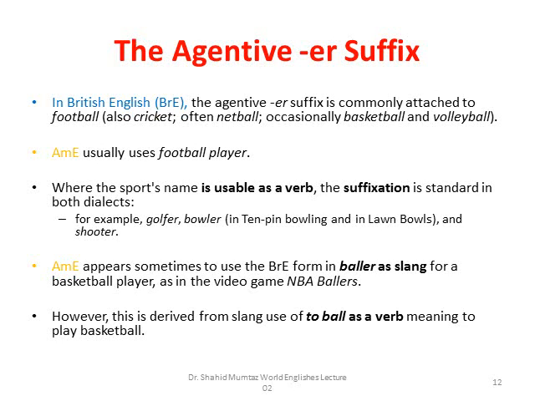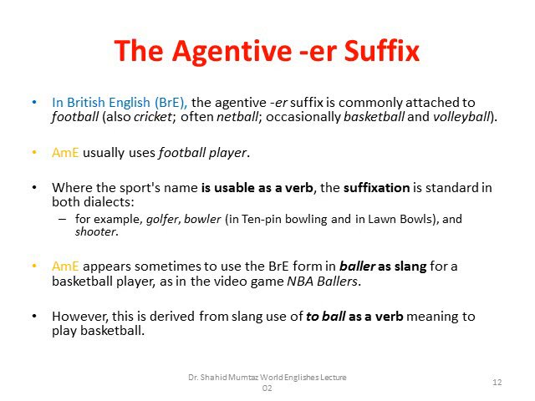Where the sports name can be used as a verb, the suffixation is standard in both dialects. If the sports name can be used as a verb, then suffixation is standard in both British English as well as in American English.